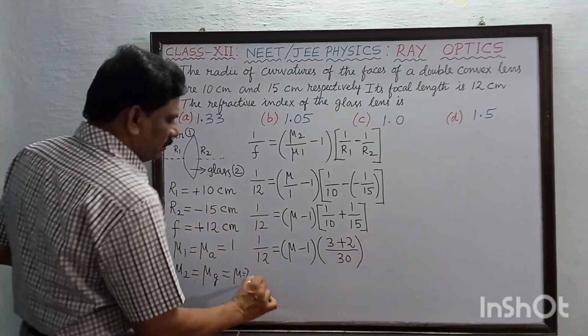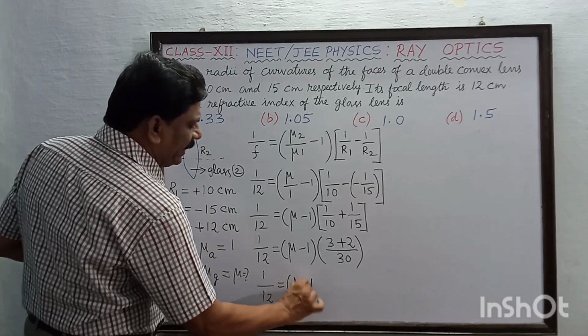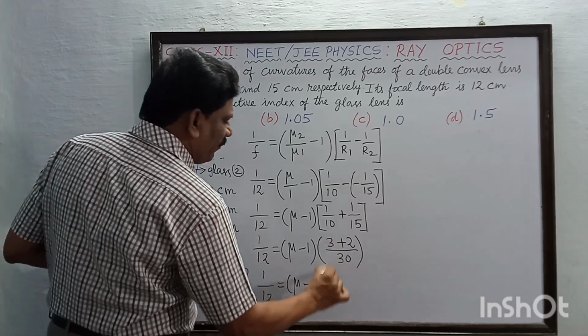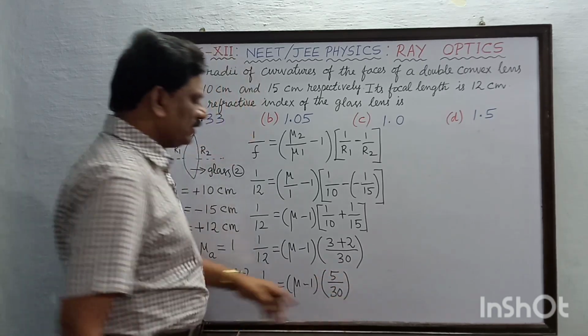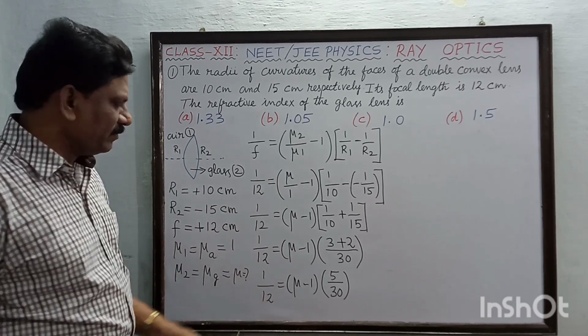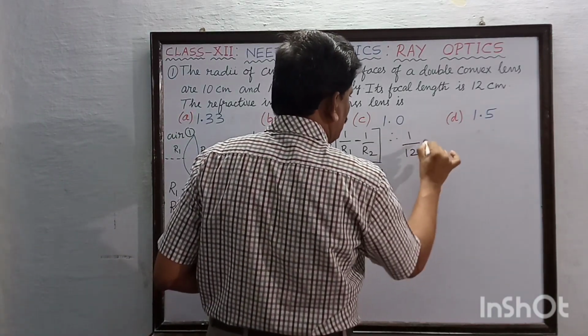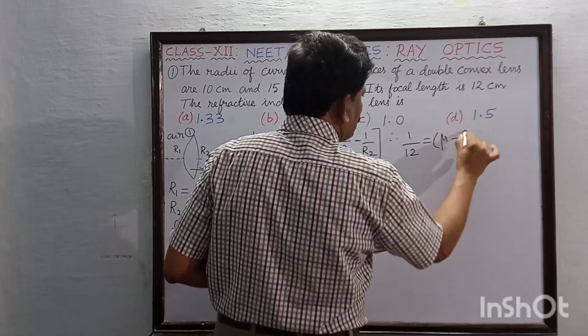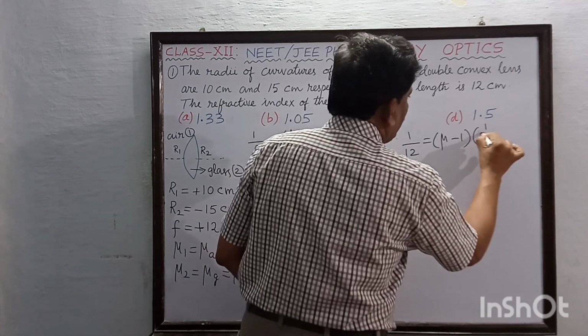So 1 by 12 is equal to (mu minus 1) into 5 by 30. 30 is divisible by 5 six times, so 5 by 30 can be written as 1 by 6.